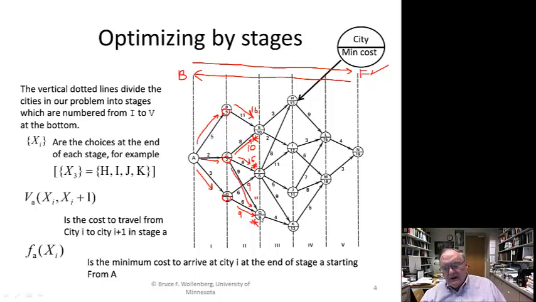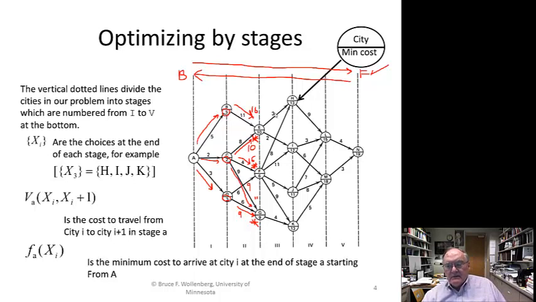When I go to the next stage over here, to this boundary between region 3 and 4, all I have to do is find the best path back to one of the cities at this 2-3 boundary. And if I know the best path there, then I know the best path from here back to here and here back to A. Okay, so let's start with the top here at 13.